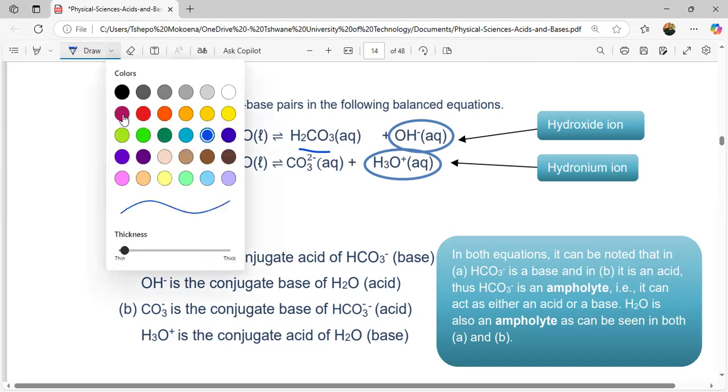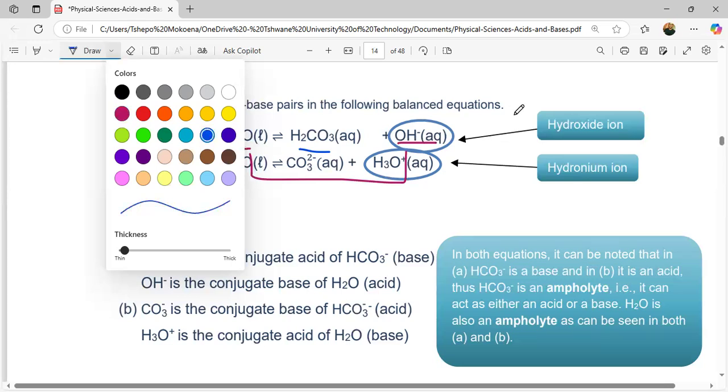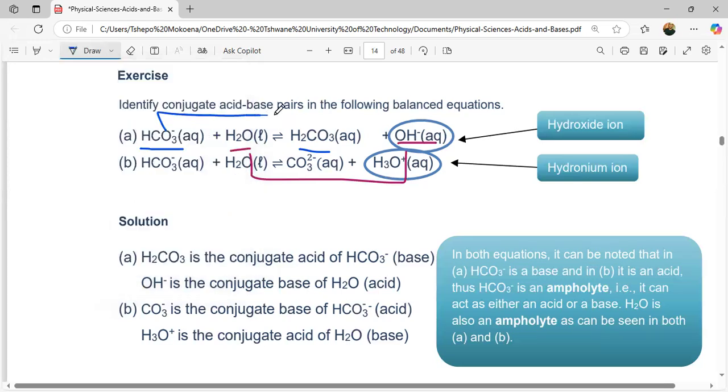Again, you have this one, and literally this one will tend to be this one. So these are most definitely your pairs. They pair up. But this is the acid. Oh, it's a base. This is the base, because it will donate to form that one. And this is the acid. It will donate to form the OH minus ion.